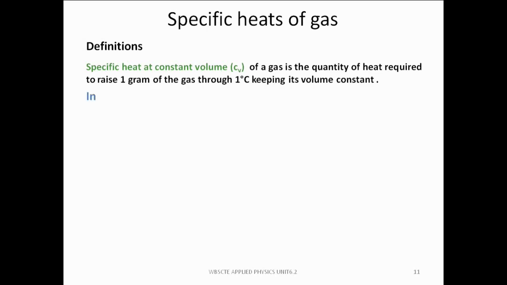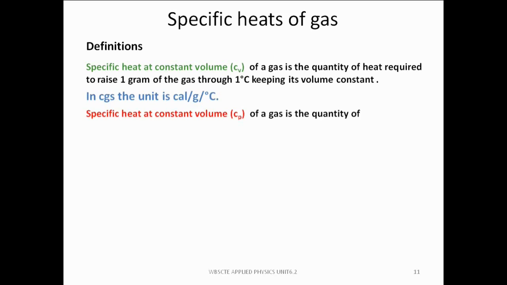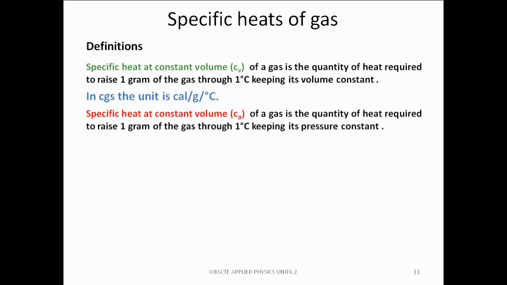In CGS, the unit is calorie per gram per degree Celsius. Specific heat at constant pressure Cp of a gas is the quantity of heat required to raise 1 gram of the gas through 1 degree Celsius, keeping its pressure constant. Its CGS unit is calorie per gram per degree Celsius.